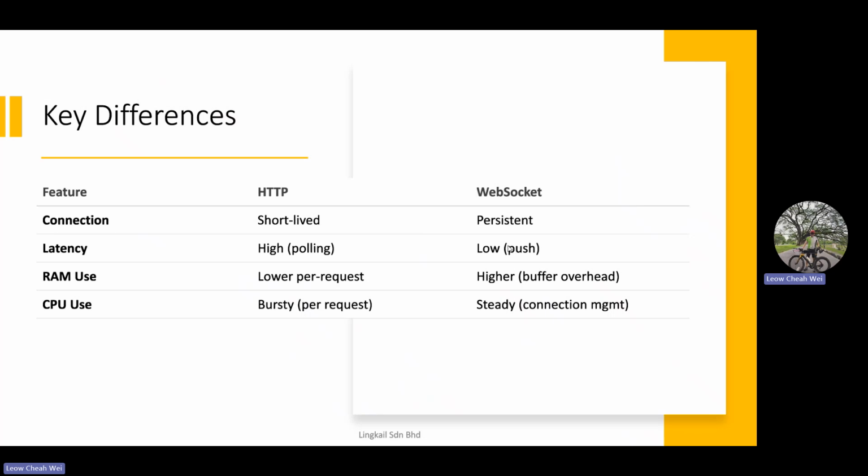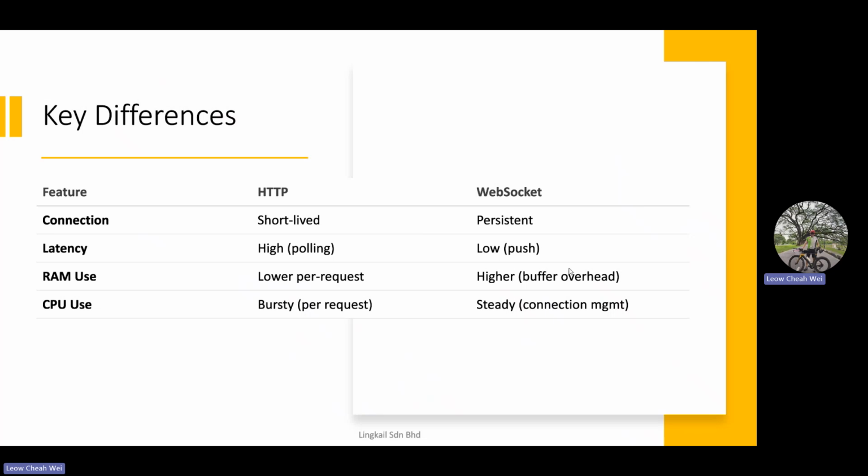So latency is low. In terms of RAM usage per request, HTTP may be low because it needs to start and stop again. The WebSocket might be higher because it has buffer overhead.